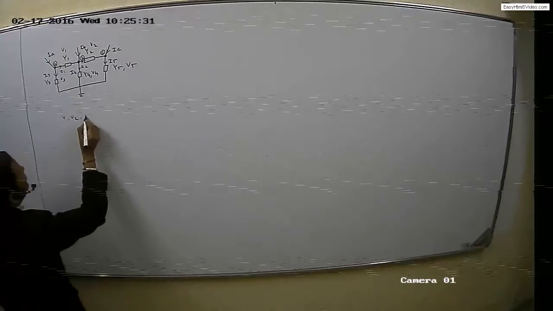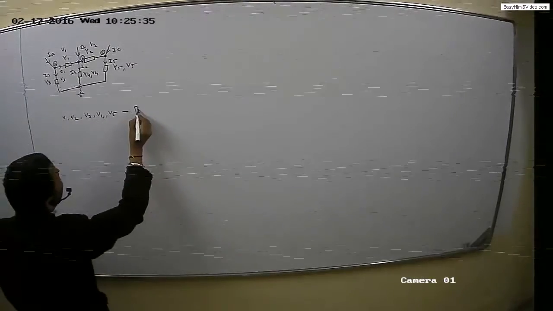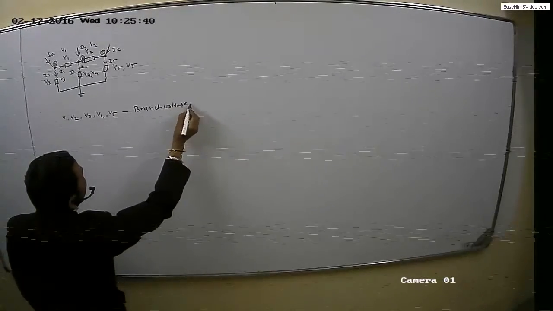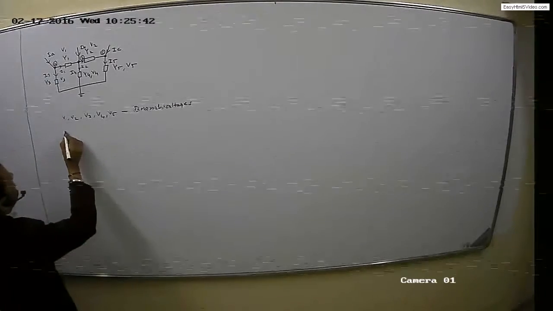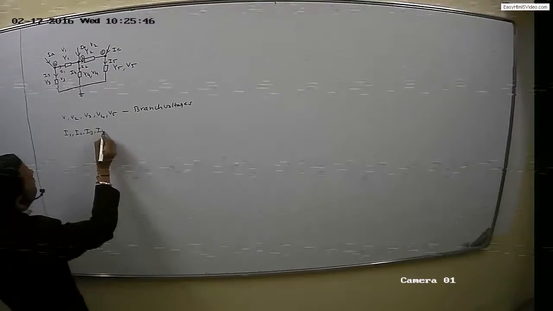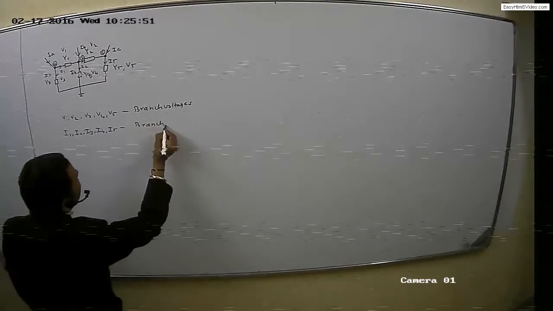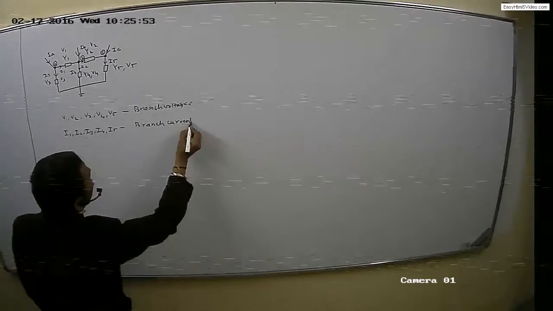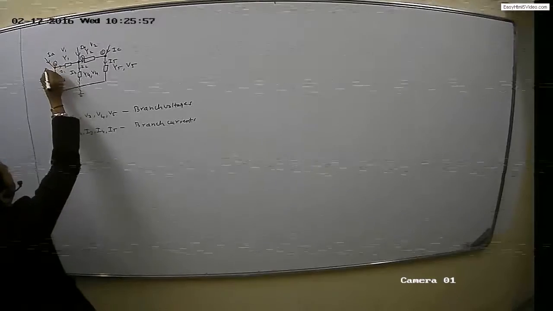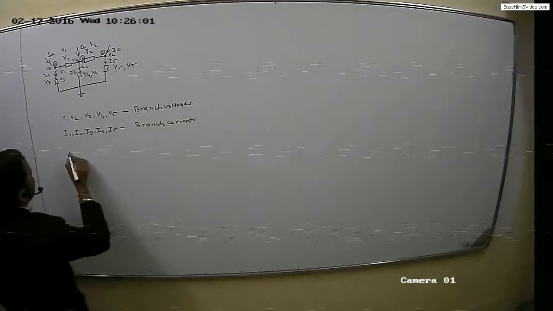V1, V2, V3, V4 and V5, these are the branch voltages. And I1, I2, I3, I4 and I5, they are branch currents. Let us assume the node voltages as VA, VB and VC.